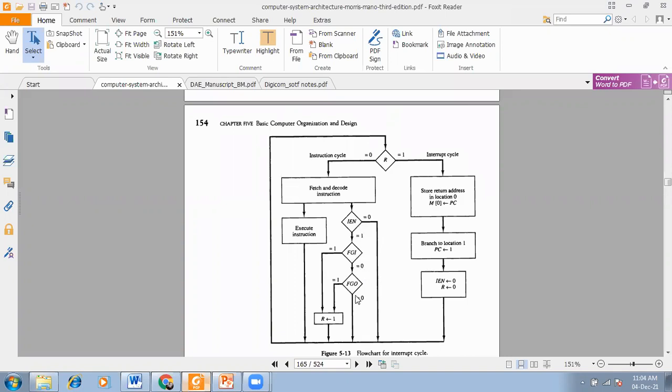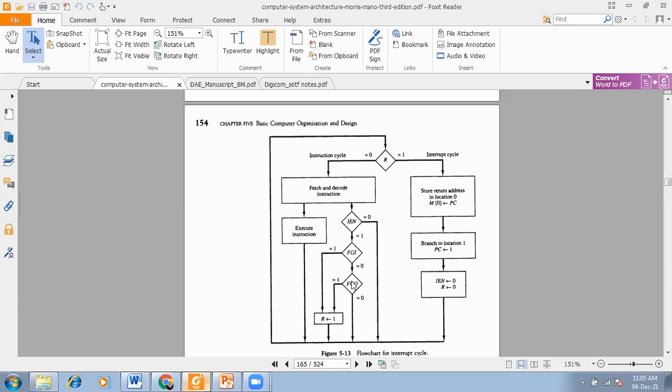When FGO is 0, you are not sending the data from the accumulator to the output register. So no interrupt is set, you need not set the interrupt, and you come here and move to the first position.